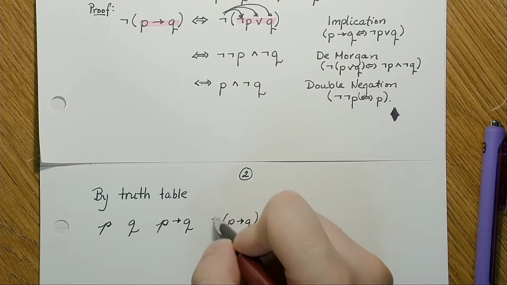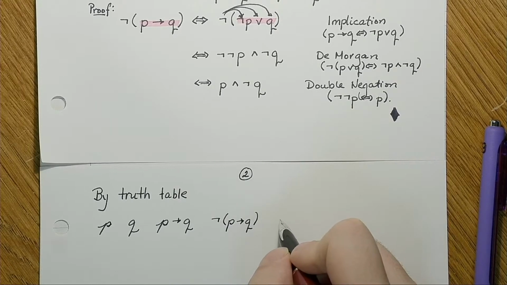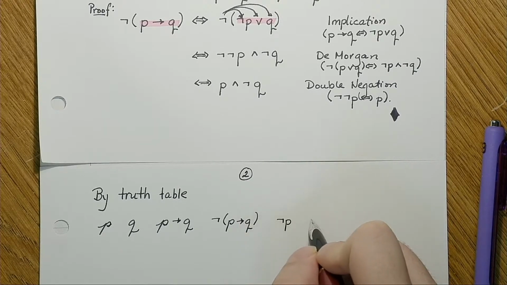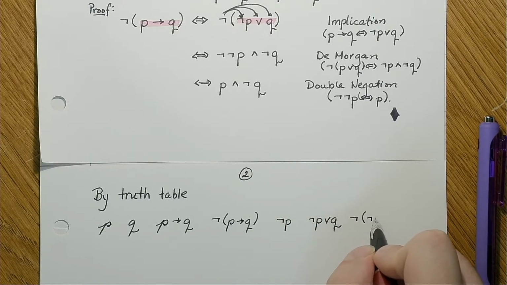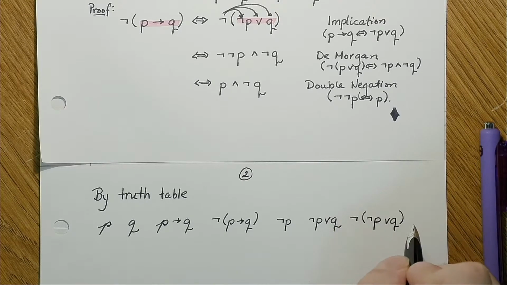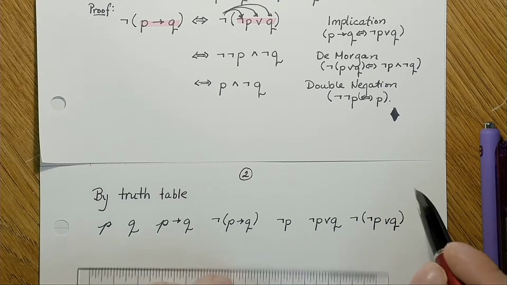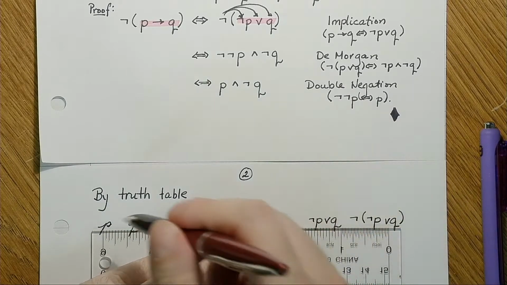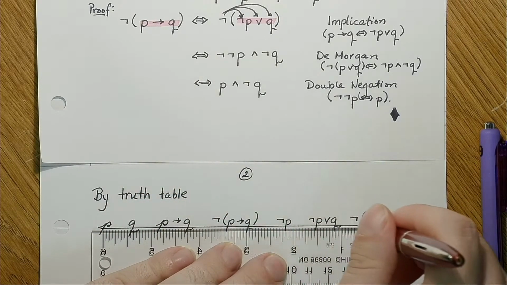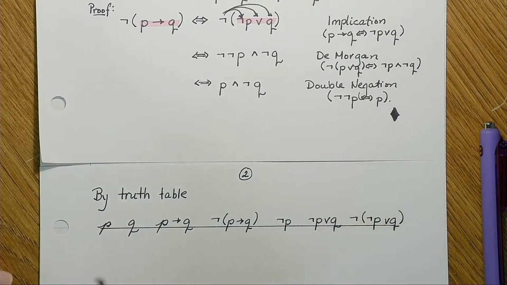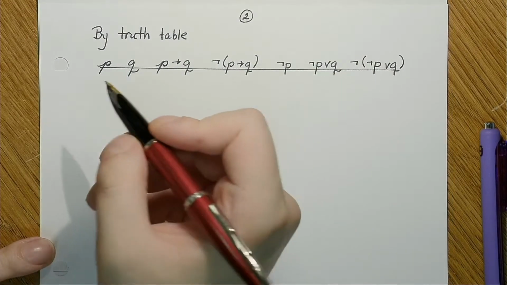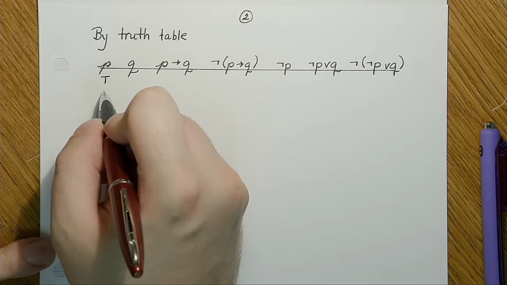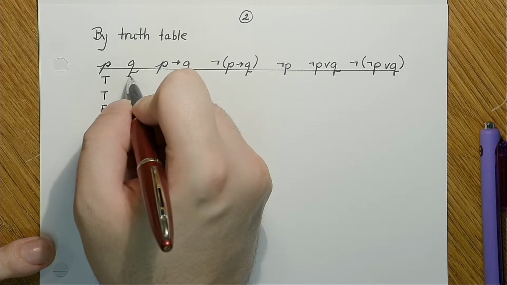So this will give us the left-hand side here. We'll do the not P, then we'll do the not P or Q. And then lastly, we'll do the not not P or Q. So we'll have 4 lines.